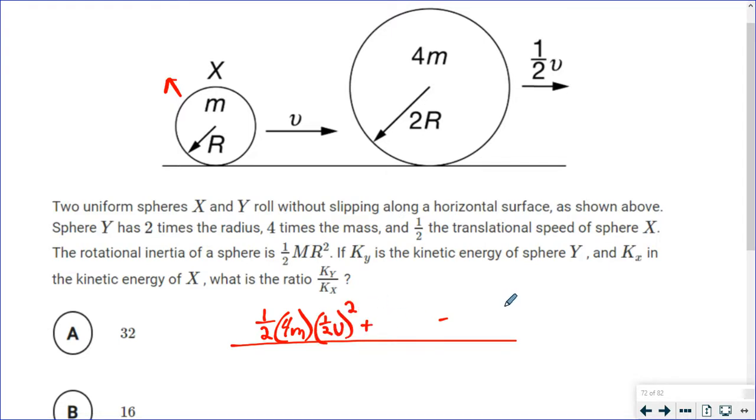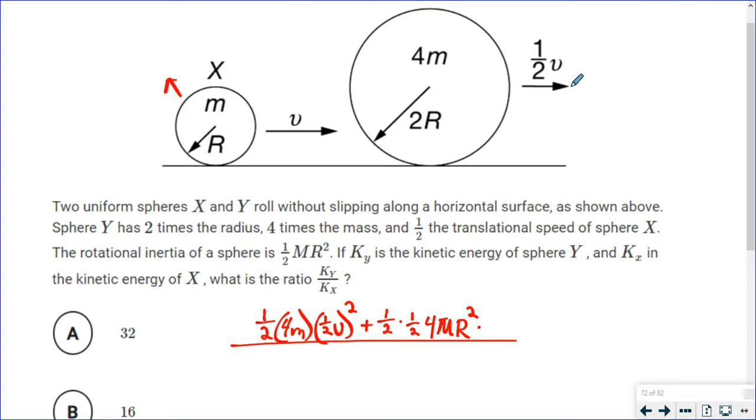Plus, I also have rotational kinetic energy, so that's 1/2 I omega squared. Your rotational inertia of your sphere is 1/2 mr squared. So I'm going to do 1/2 times, here's my I value, 1/2 m, which would be 4m, r squared, and then times omega squared.